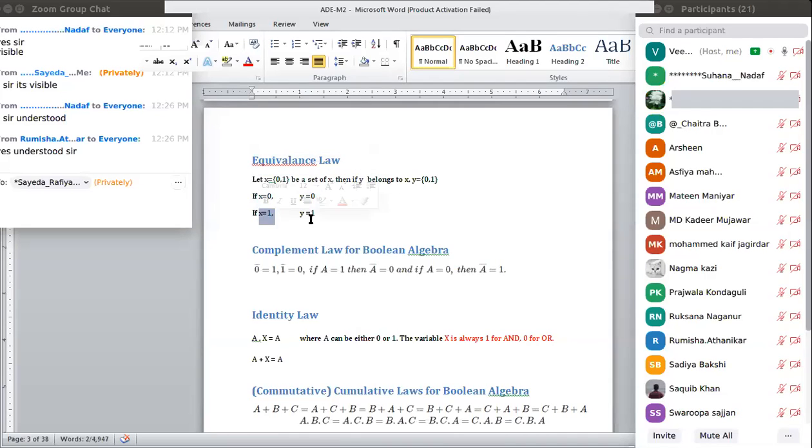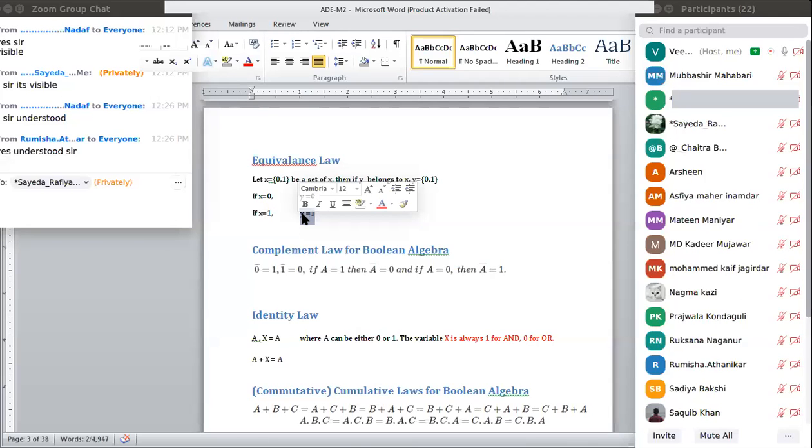If X is 1, Y is also 1. Both variables have the same content, so I can say that they are equivalent, and I can apply the equivalence law. So when I say X is equivalent to Y, whatever value X is holding, the same value will be held by the Y variable.